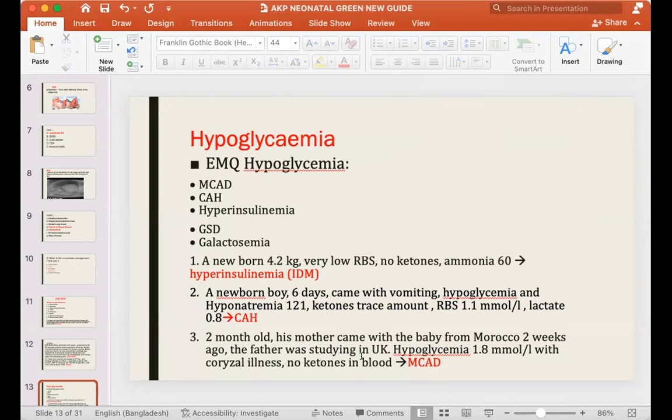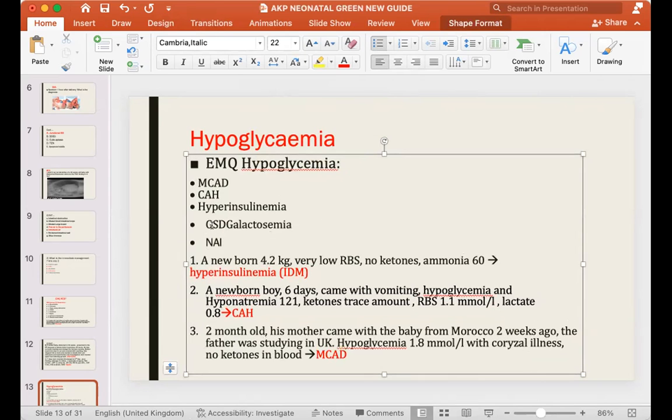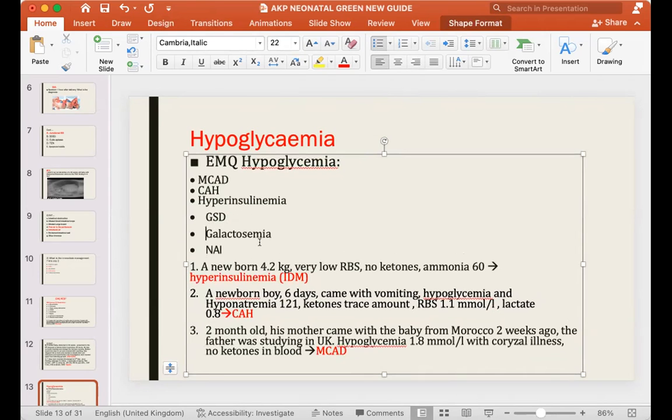There is no ketone in the blood. Now here, the people will give you one option, that is non-accidental injury. Do you think this baby is a case of non-accidental injury?